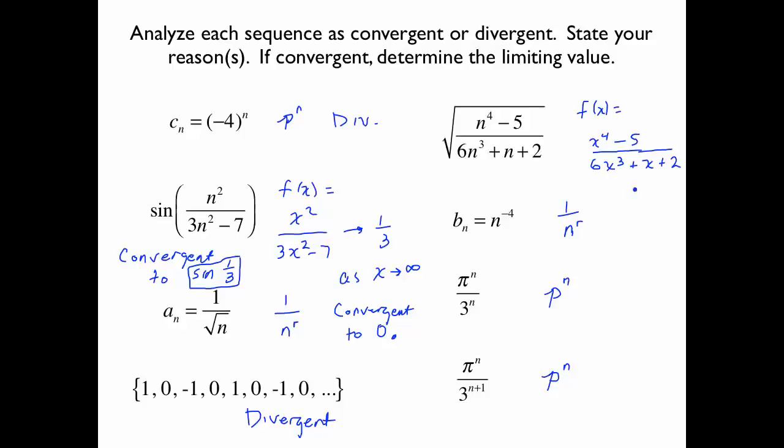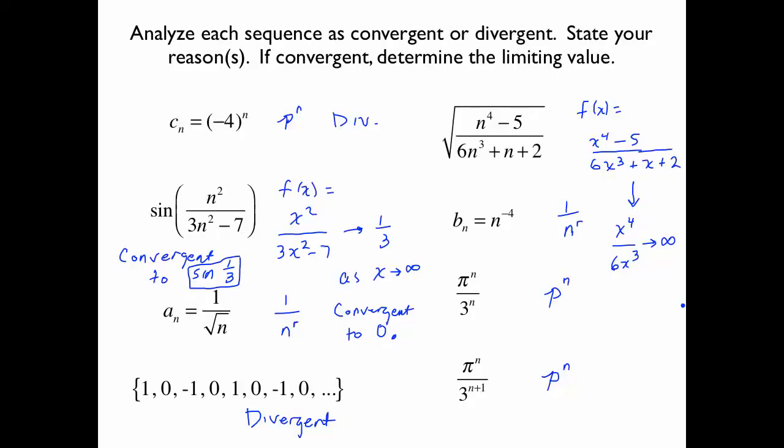So this will essentially be x to the 4th over 6x cubed for large x, which will get really, really big. Because it's x to the 4th, there's one more x on the top. This is basically x over 6. And x over 6 just gets really big as x gets really big.